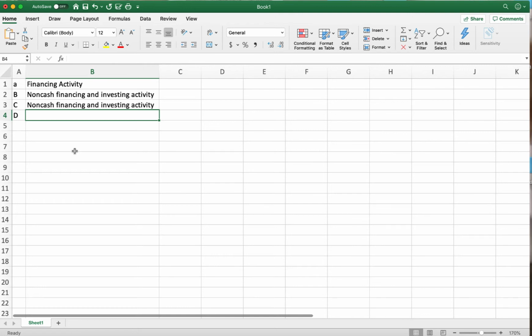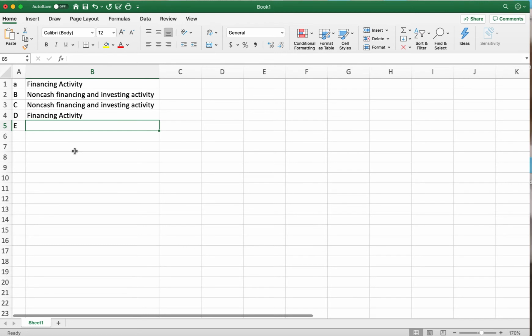Hopefully you remember that in order to report any changes in either long-term debt or stockholders' equity, we use the financing section, right? We are paying dividends on our common stock, which is an equity account. So this is a financing activity.